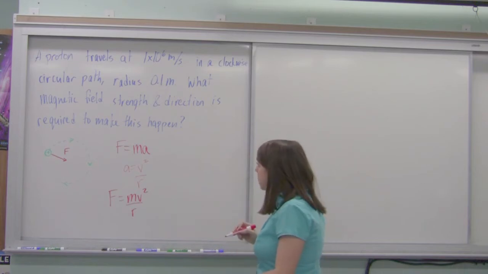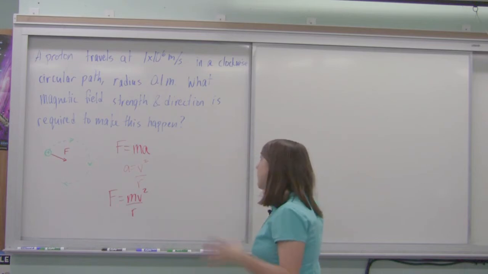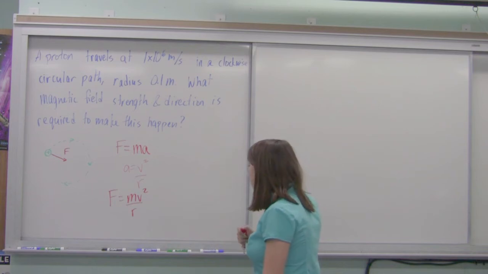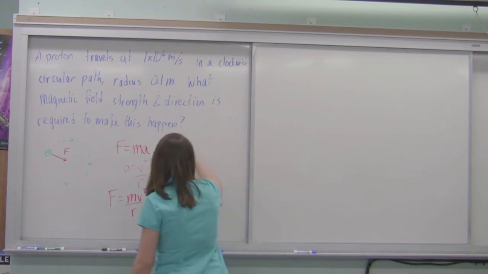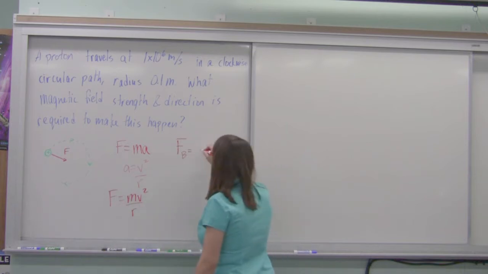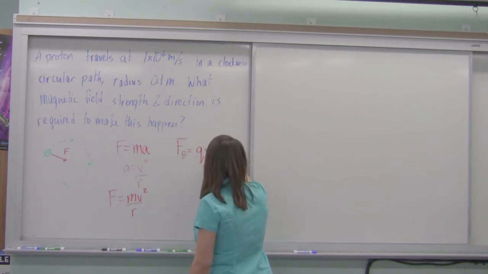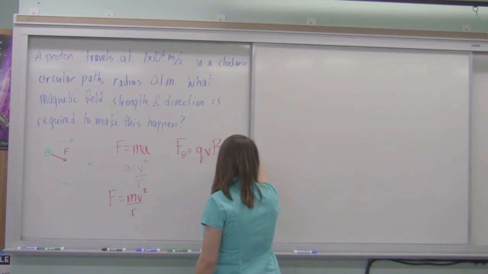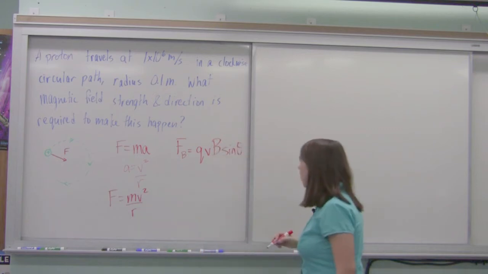In the case of a particle moving in a magnetic field, the force on that particle, the magnetic force, is going to be qvB sine theta. All right.